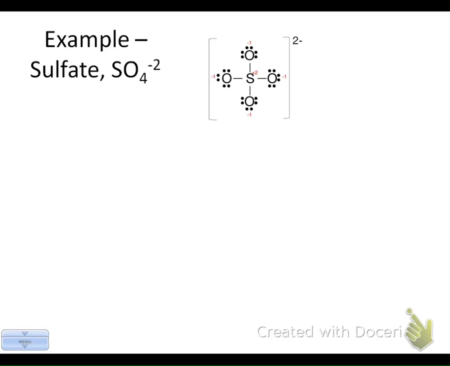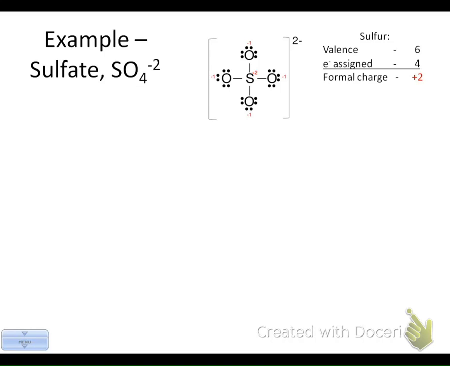So here's the first example. We're going to use sulfate. I've already got the Lewis structure drawn, and the formal charges are already shown on the structure. I wanted to find a picture of it on the internet to show you what these values would look like if they were put onto a Lewis structure. But here's how we found it.